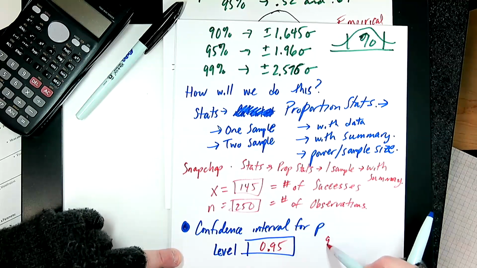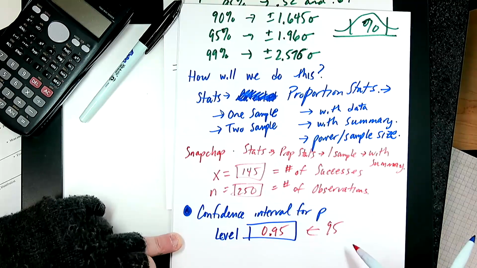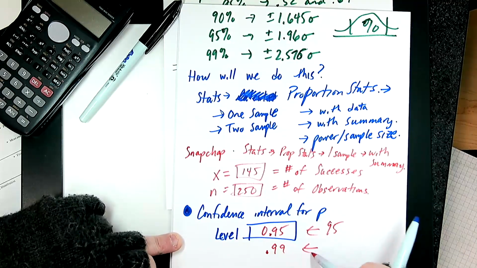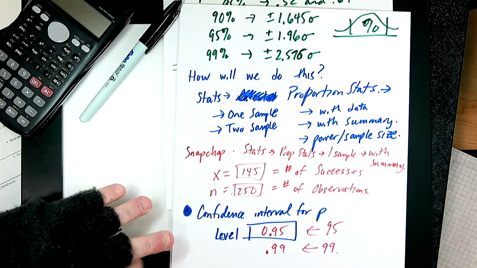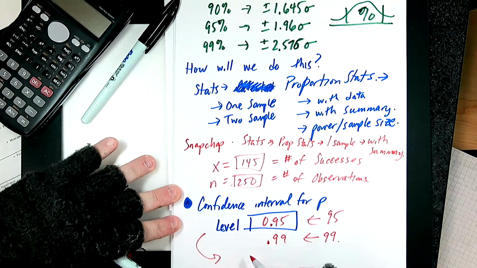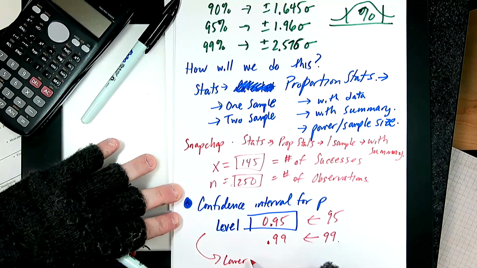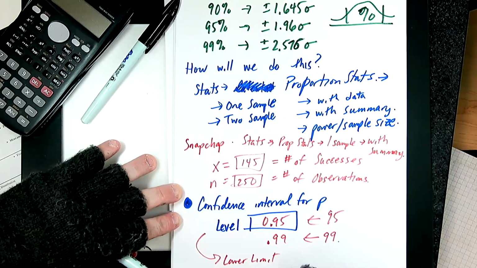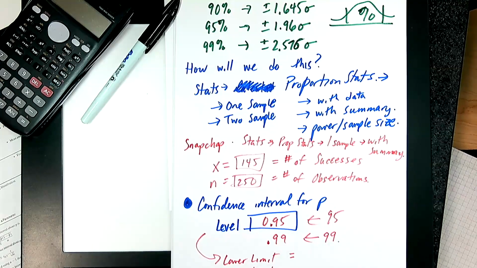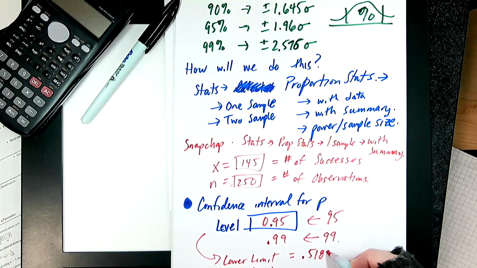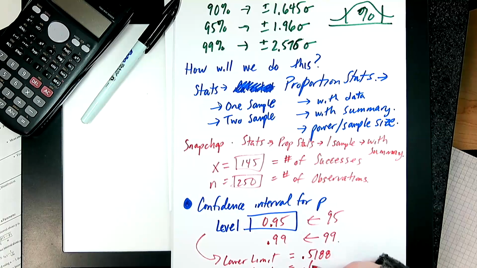We did 95% for that one, but if I wanted 99%, I would put 0.99. When I did the confidence interval for 0.95, it gave me a lower limit and upper limit, to 4 decimal places, 0.5188 to 0.6412.